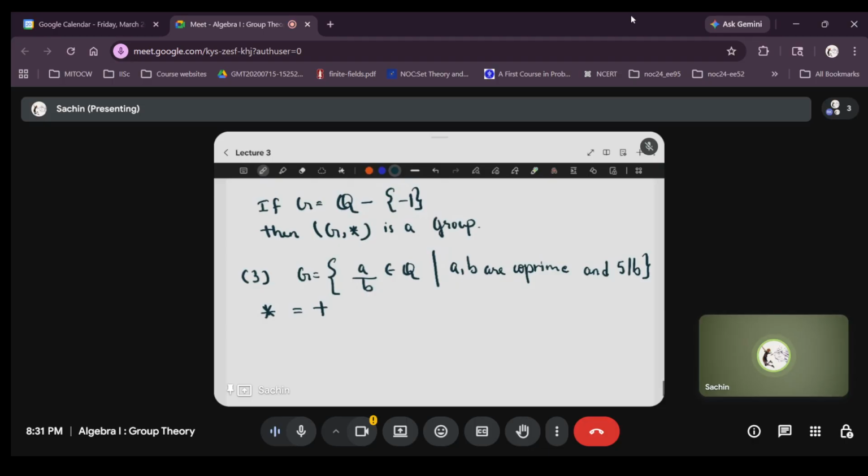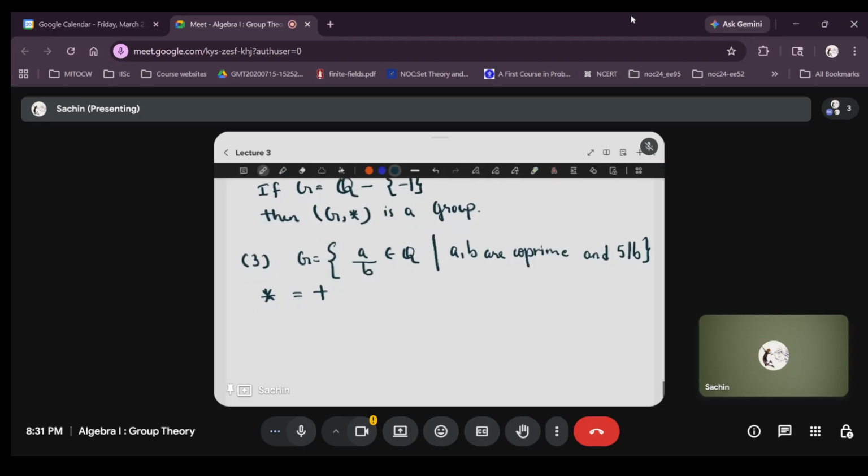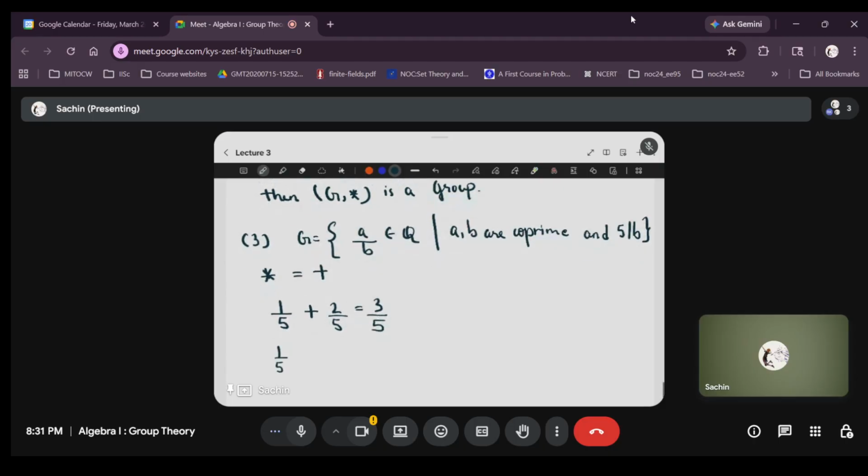G set of A by B. Yeah. 5 divides B is the condition. Yeah. So closure is not satisfied.